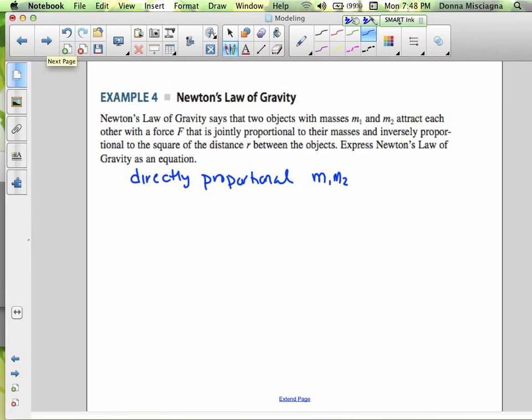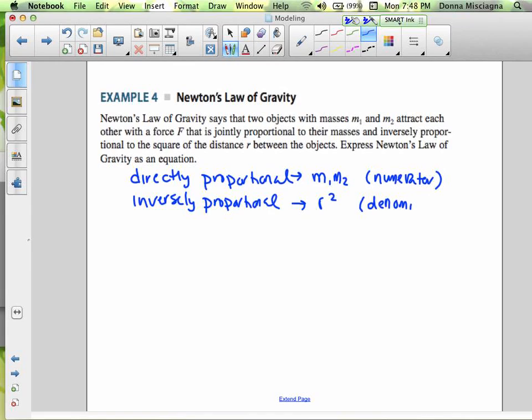This part will be in the numerator. And inversely proportional to the square of the distance r between the objects. Okay, so square means you're squaring. It's not the same as square root. So that goes in the denominator.